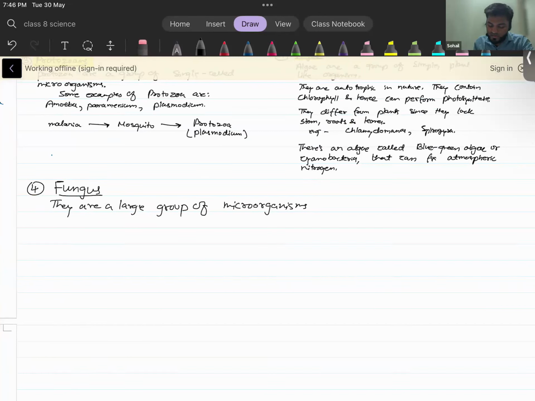They are a large group of organisms that do not have chlorophyll, and hence they won't be able to do what? Photosynthesis. They cannot perform photosynthesis.